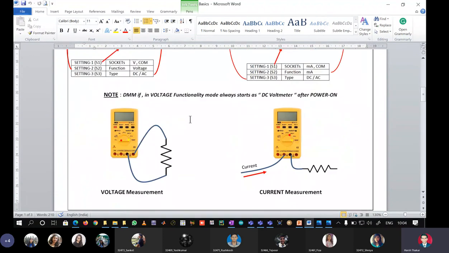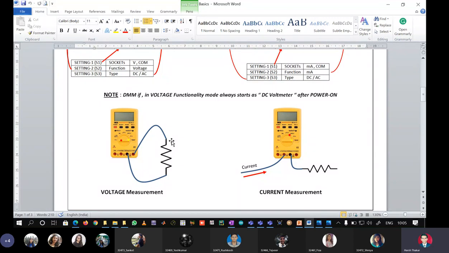Similarly, now I am supposed to measure the voltage across a resistor. So I will connect resistor 1. You know that all these resistors, inductors, capacitors are two terminal components, not three terminal components like transistors. So you have to connect one of the resistor terminals to the V socket and another to the COM socket.